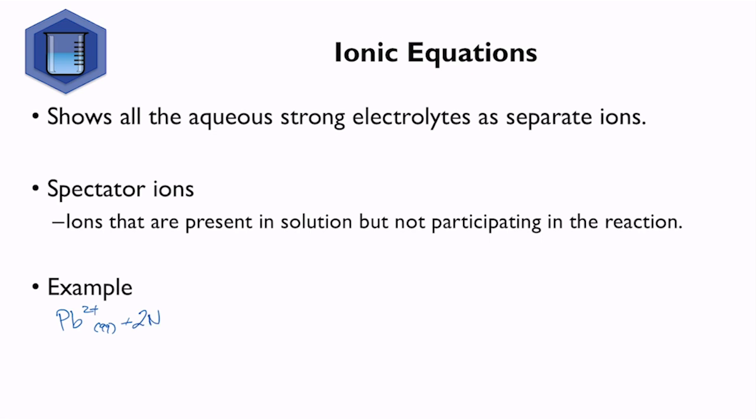We'll list those in the ionic reaction. Sodium chloride is also an ionic compound that will dissolve or break apart in solution, forming Na+ and Cl-. On the other side, once this reaction occurs, we will have the nitrate ions, the sodium ions, but now lead(II) chloride will form, which is insoluble in water, so we'll indicate that with the s for solid.